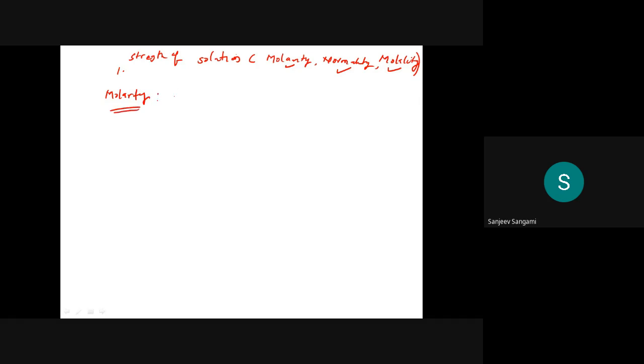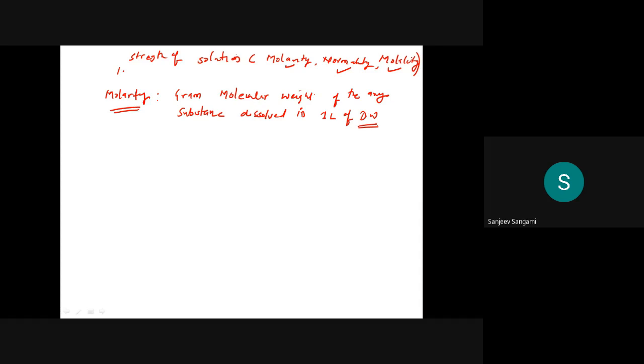Molarity is nothing but the gram molecular weight of any substance dissolved in 1 liter of distilled water.